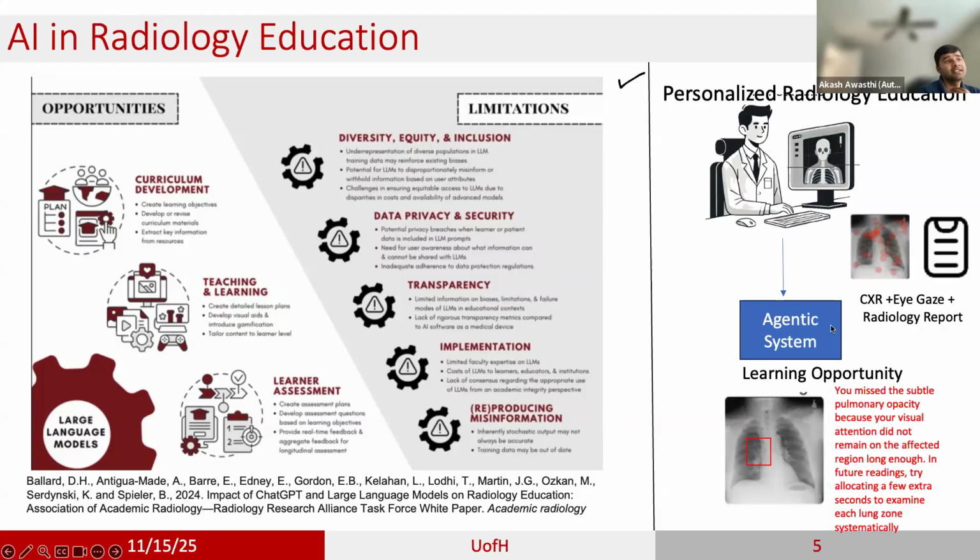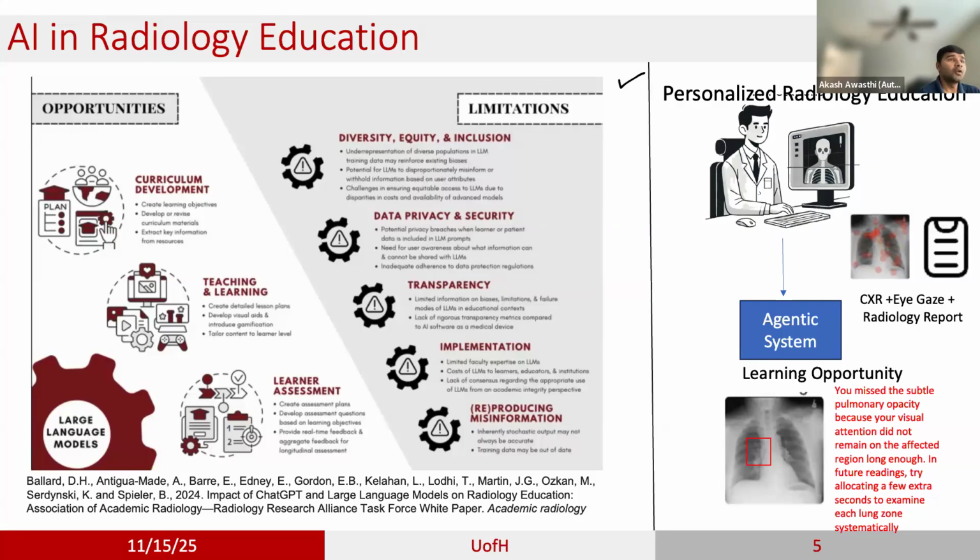Can we have a system which can take the diagnosis of the student or resident and give personalized feedback, such as: you missed this portion of the image, or you did not diagnose it, or you need to do better, which is very much related to the way they diagnose the CXR image.